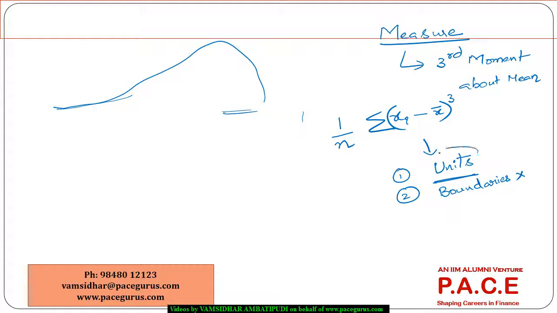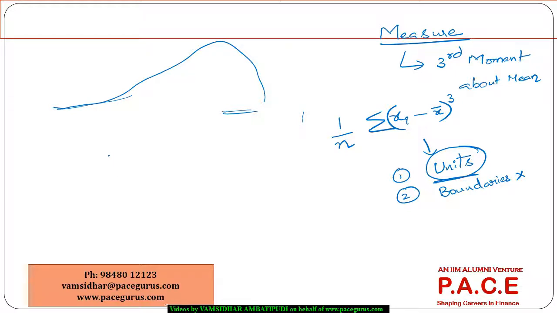Because of the units, this gets very much biased. The same thing if I take it in terms of 20 kilometers, then the value could be different. And if I take it as 20,000 meters, then the value of the skewness could be different. That is where the interpretation will change, which should not.